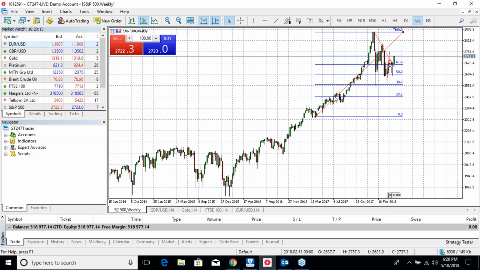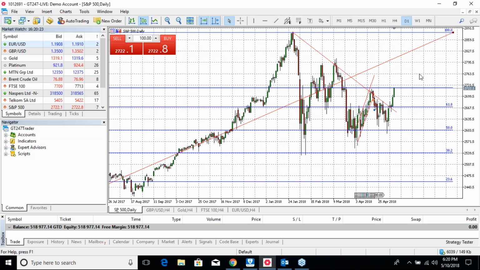So right now, when it comes to the S&P 500, it could go either way. But as you can see, we're on a weekly chart here, so we're not going to wait the entire week to see what happens. As we zoom in on the time frames, we see here on the daily chart that it is still going strong in that direction.